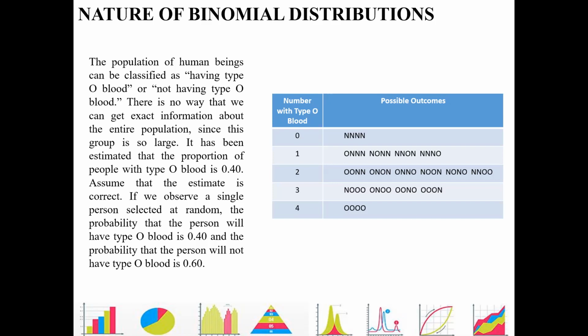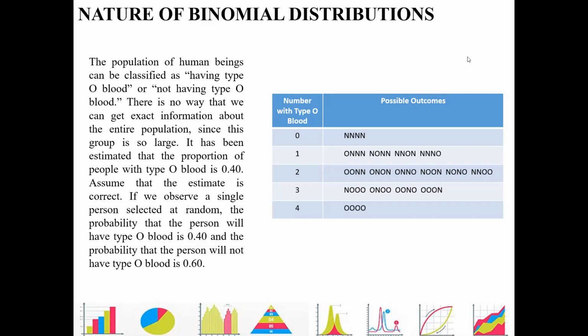It has been estimated that the proportion of people with type O blood is 0.40 and the rest is from other types. Assume that the estimate is correct. If you observe a single person selected at random, the probability that the person will have type O blood is 0.40 while the rest will have 0.60. So yung outcome natin, it's either type O or not.